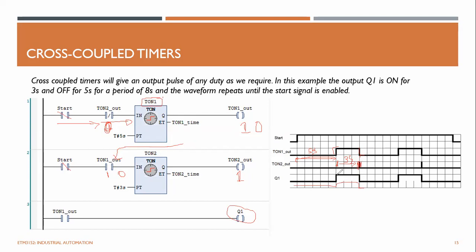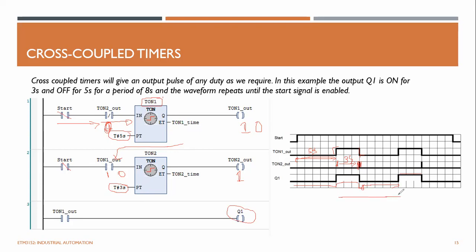So what you can control here is this off time period by defining this 5 second time. It is the off time delay, and the on time period of the output can be controlled by adjusting this one, right? If you don't understand the concept, you can still use this setup, and by changing these two values, you can change this waveform.